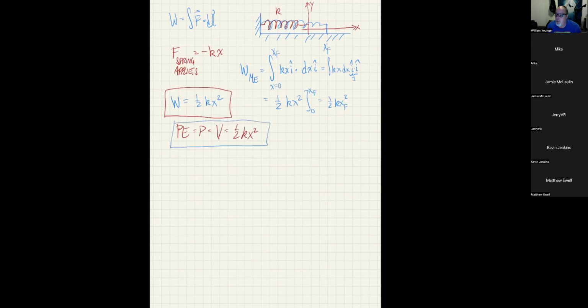Obviously, it takes an amount of work, 1/2 k x squared, to stretch or compress it a distance x from its equilibrium. Another way of thinking about it is a toy spring-loaded launcher, like you probably had as a kid. If you compress that spring a distance x, it's cocked and waiting to be let go.